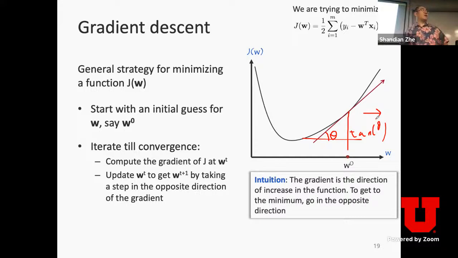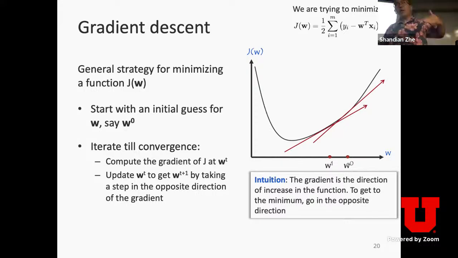Now we perform gradient descent, meaning that we update our w to the left. That's how we get w1. You see it's moving toward the minimum of the function. Why? Because if you move along the gradient, you're increasing the function, and if you want to minimize it, you need to move in the opposite direction. That's why it's called gradient descent.